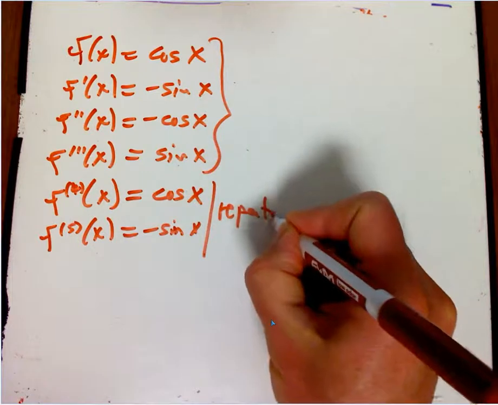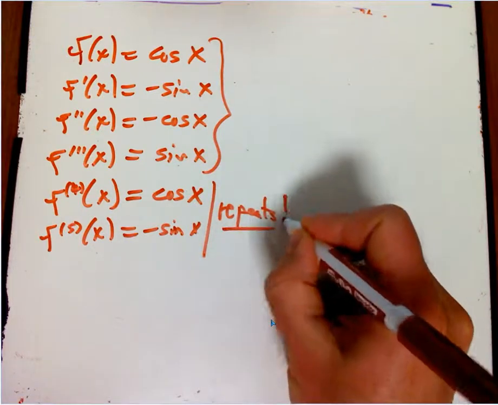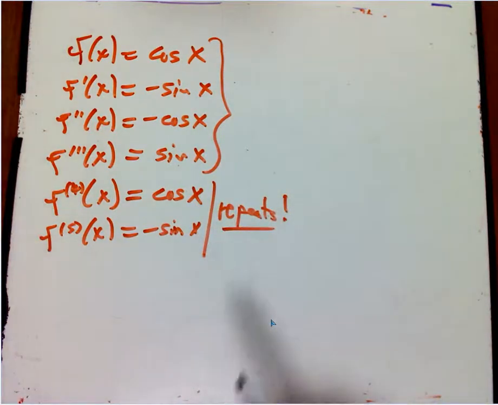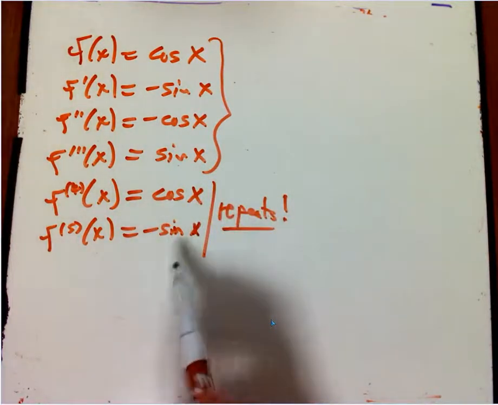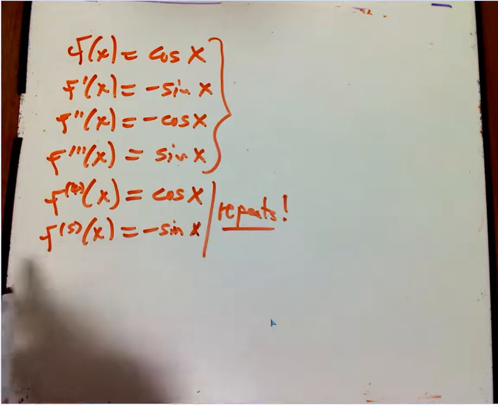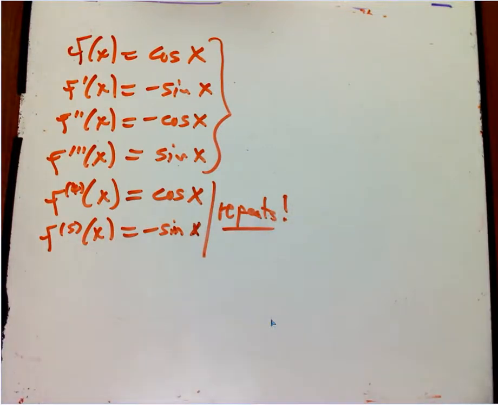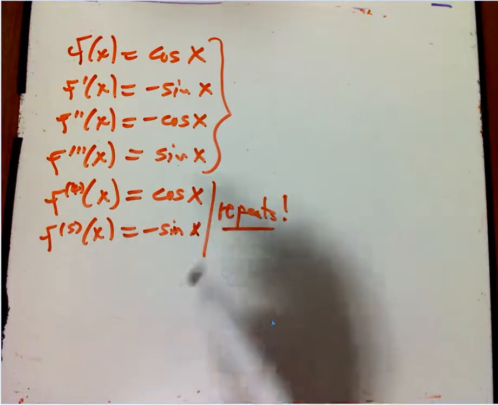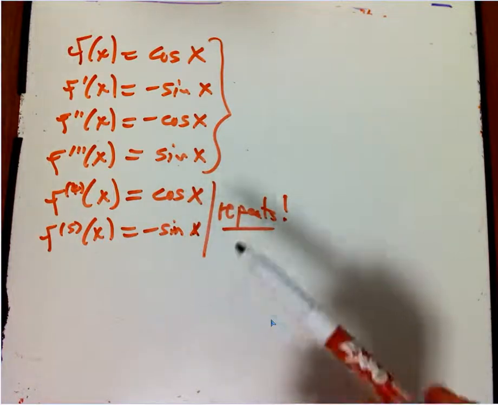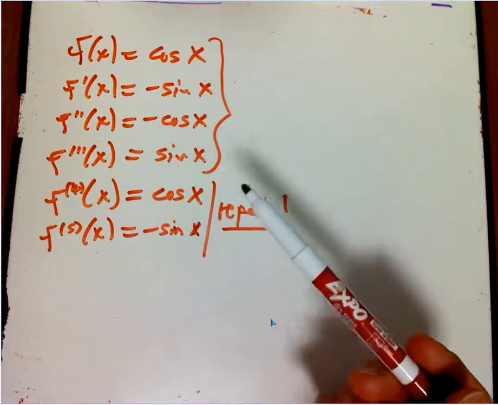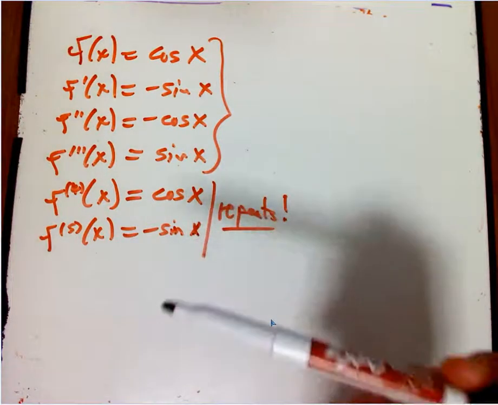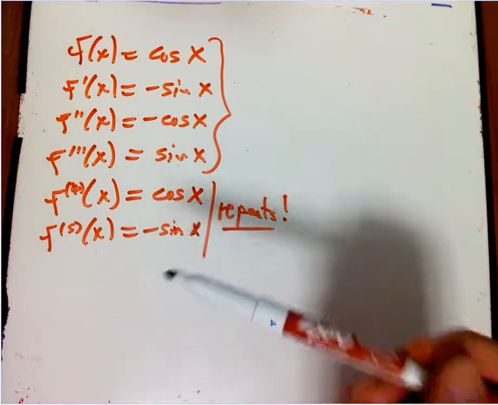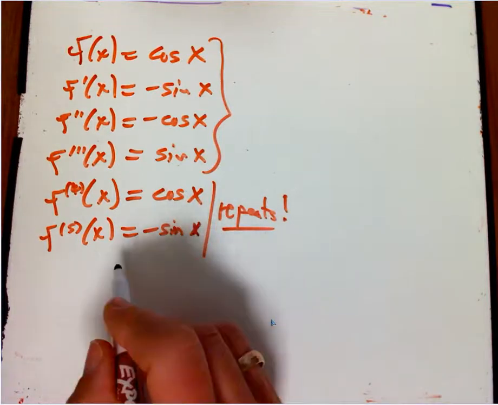That's really nice, because if we do want to get a really high degree Taylor polynomial, there's a pattern to be found. And so we will be able to write down an arbitrarily high degree polynomial in an easy way. That's not always true for any function. It's fairly special. But for our standard library functions, cosine, sine, e to the x, log, there are patterns to be found, and it's really nice.